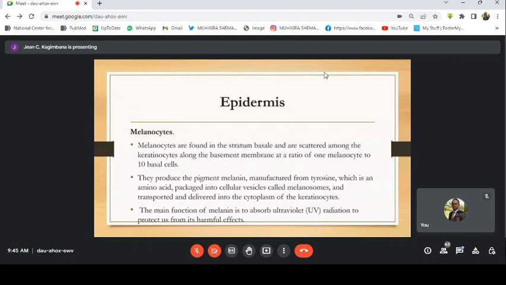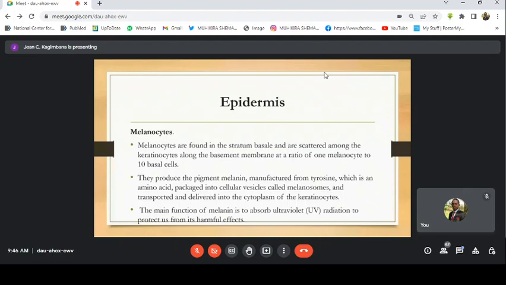They produce pigment known as melanin, which is manufactured through the enzyme tyrosinase, from an amino acid, and packed into a cellular vesicle called a melanosome. And the melanosome is transported and delivered into the cytoplasm of the keratinocytes. And this melanosome will later on give melanin, which makes the color of our skin.